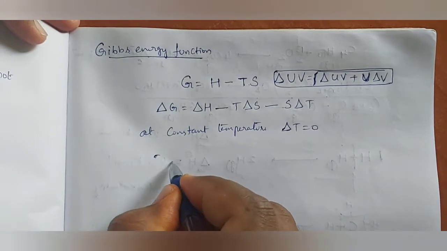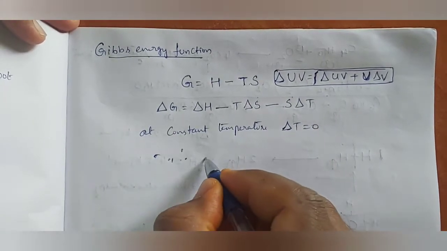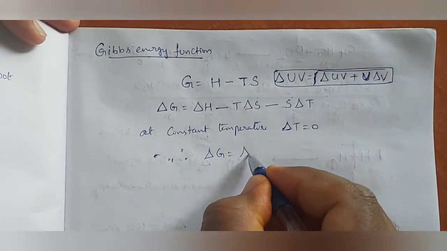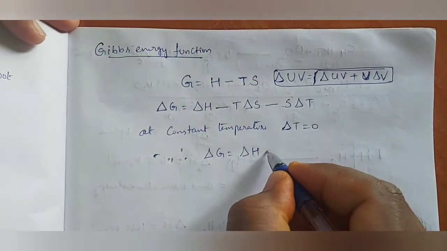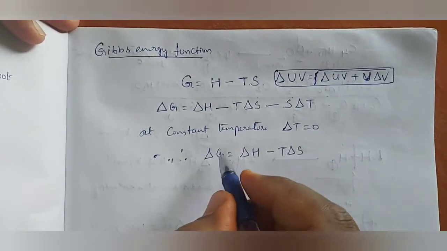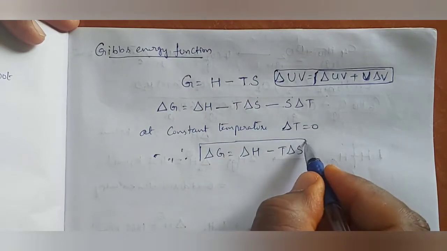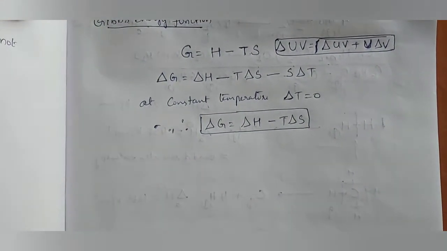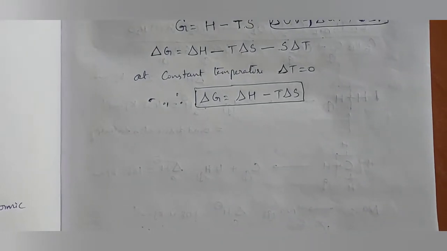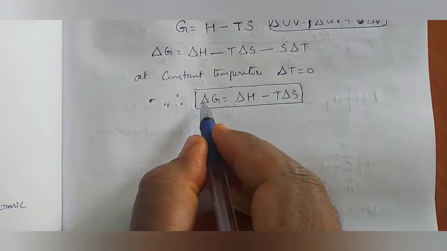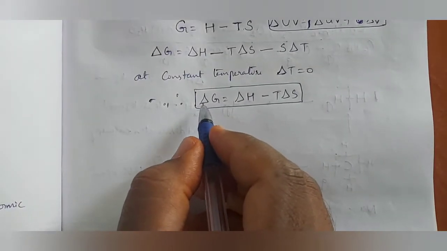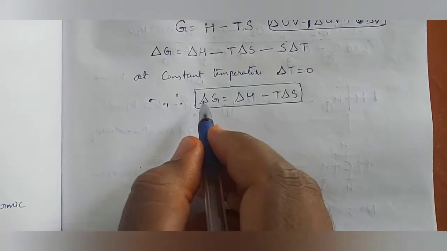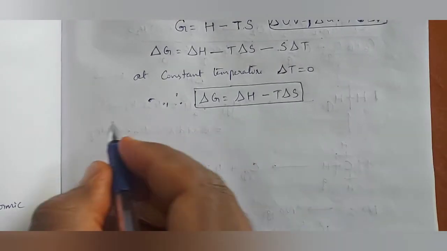Therefore, delta G is equal to delta H minus T delta S. This is the formula useful for the change in Gibbs free energy.